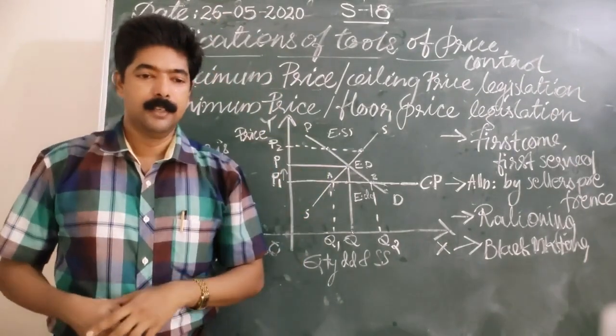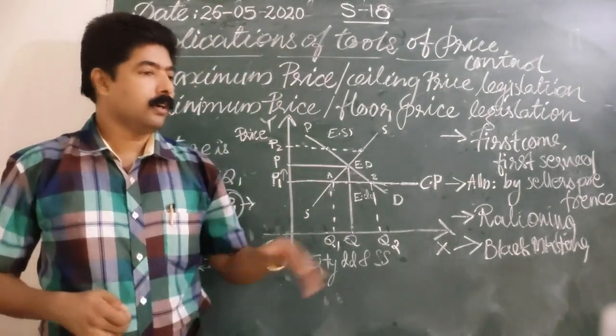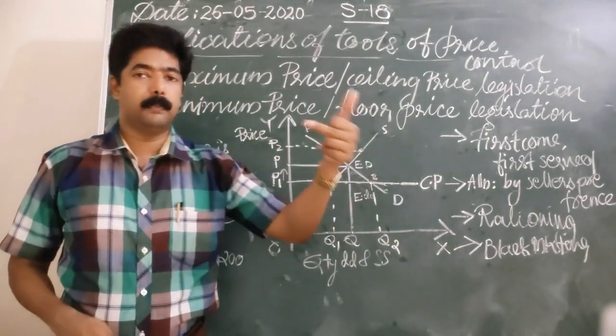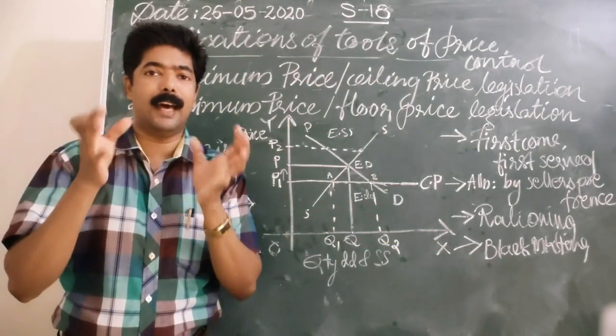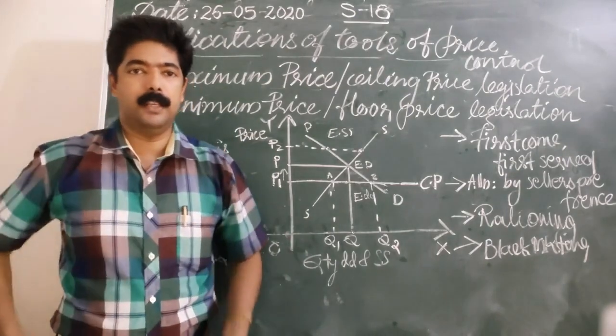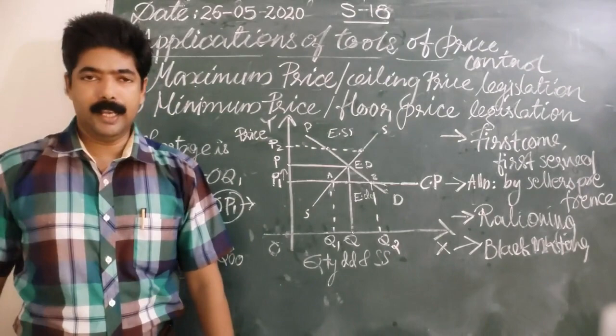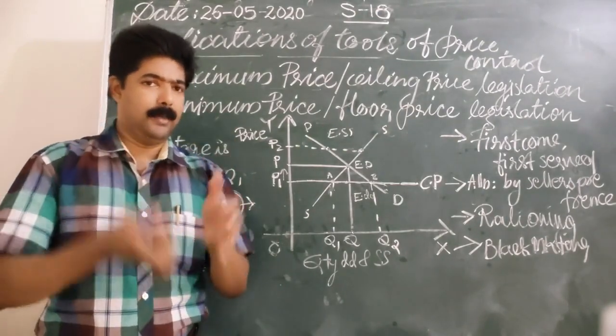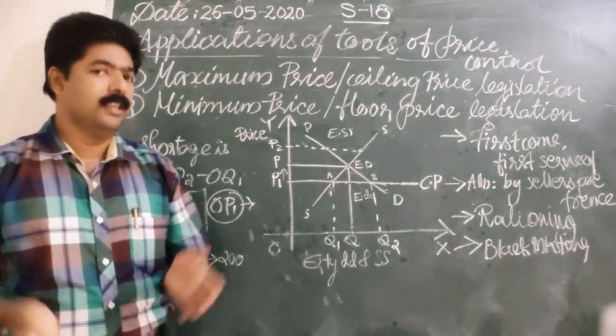In this system, commodities are sold illegally, not legally supplied, at higher prices. This can happen when black marketing is boosted, when suppliers create an artificial shortage. In certain situations we also experience shortages in food items. Sometimes it is a business trick that they create an artificial shortage.